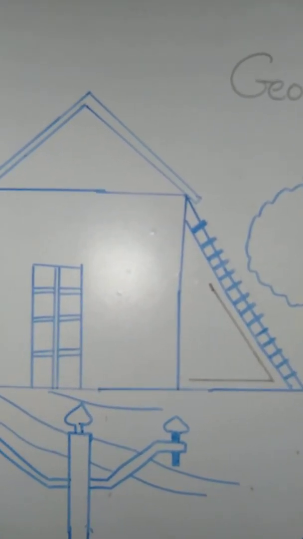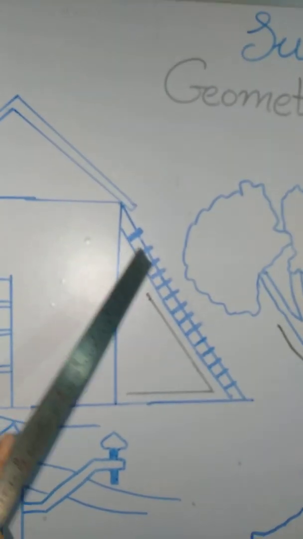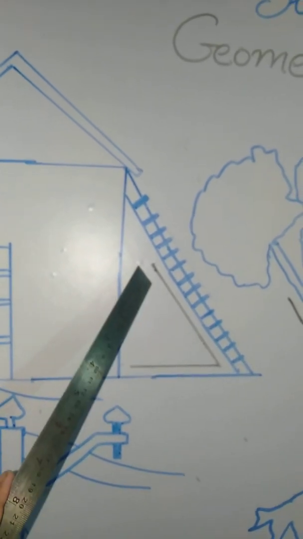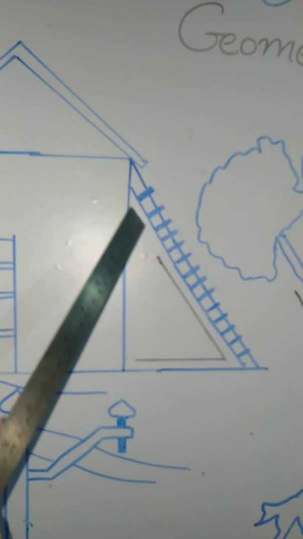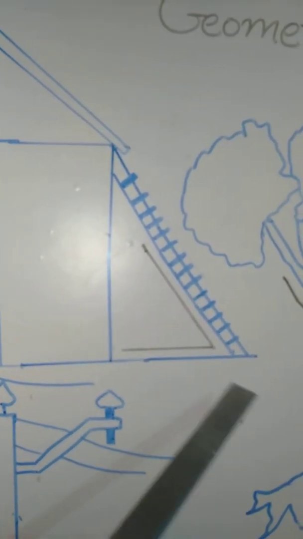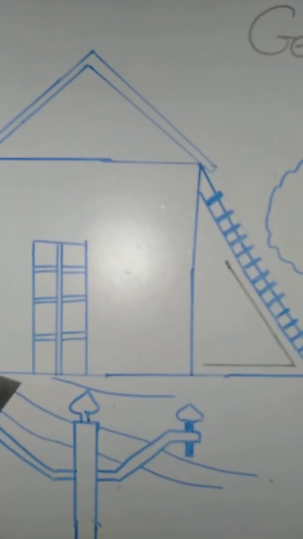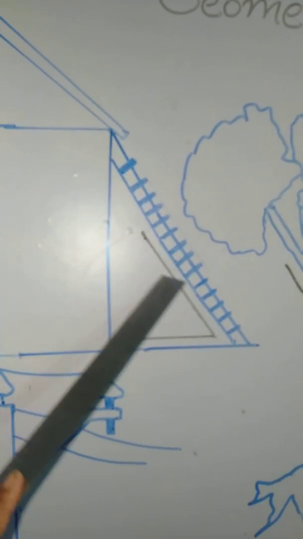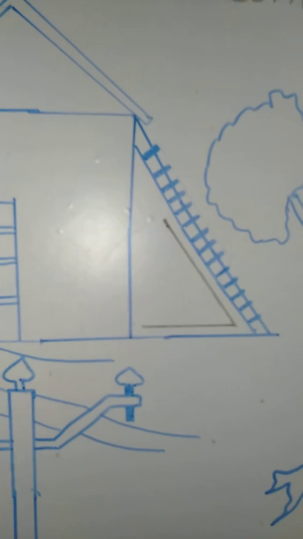The ladder makes an angle with the ground. This is the angle. This is the ground and this is the ladder. The ladder makes an angle with the ground.